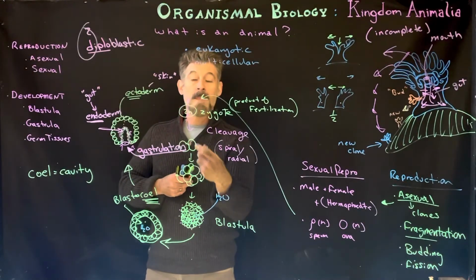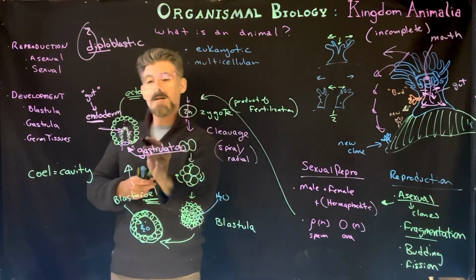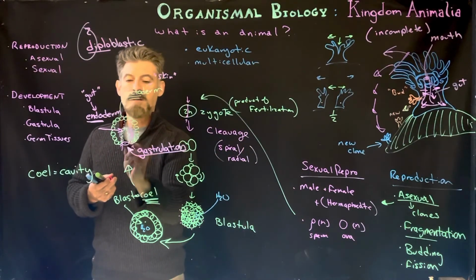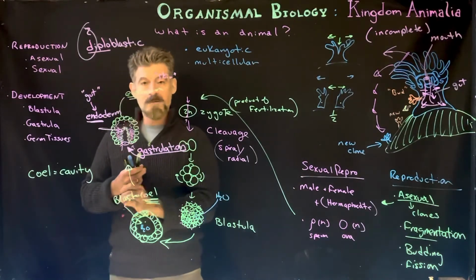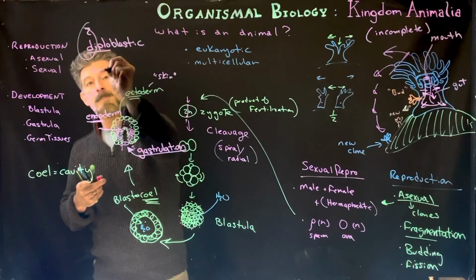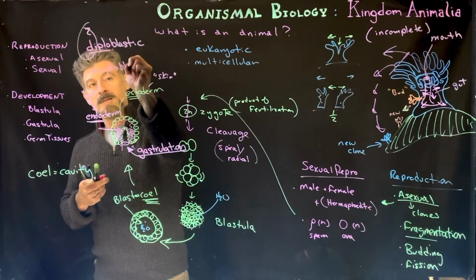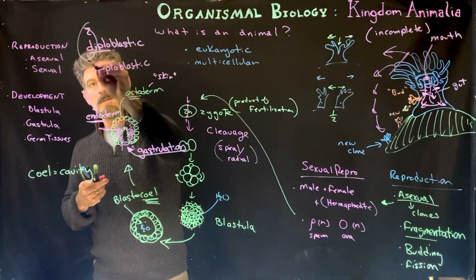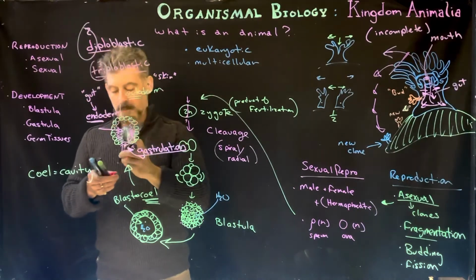That's it. But then in other groups of animals, and most of them really, a third tissue type is going to form in between the two, and they will be then called triploblastic. So obviously for three.